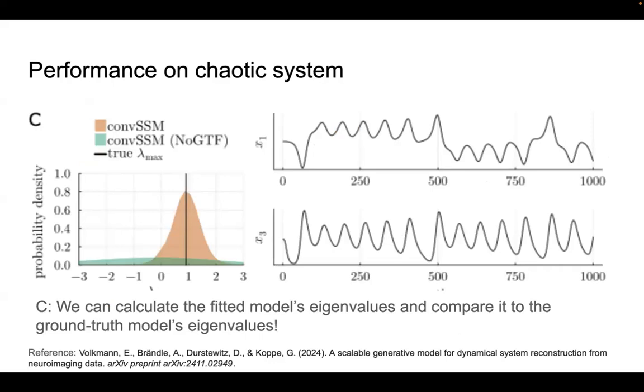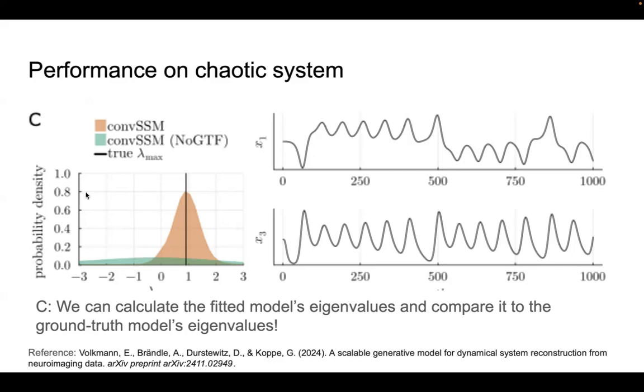So they fit their model with this HRF system, which is called the conv SSM, on these Lorenz systems. And for the Lorenz system, we actually know what the eigenvalues should be. The true lambda max, because it's a chaotic system, is going to be 1.